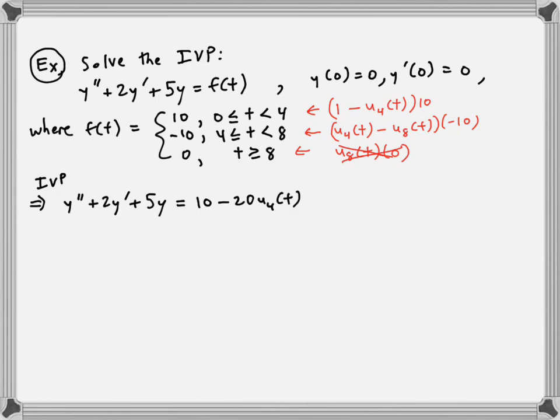Where am I getting this from? I'm just starting off by distributing the 10 here, and then I have 20 of them because I have minus 10 of them from the next one, right? So that is where I get my minus 20. And then I have a plus 10 u8, right? So it looks like this. Okay? So this is where I am right now.